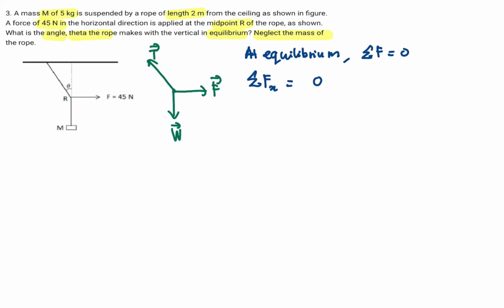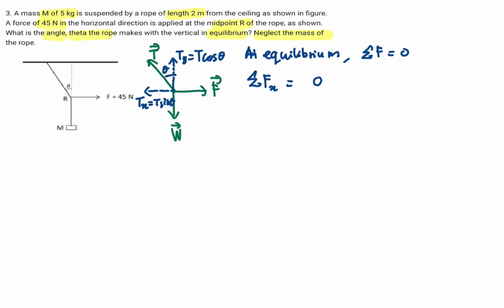What do you have here in the x component? You can resolve. This will be theta. Here will be Ty equal to T cos theta, while this Tx will be T sin theta.